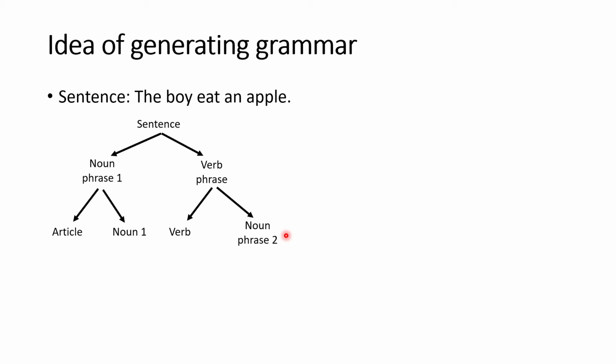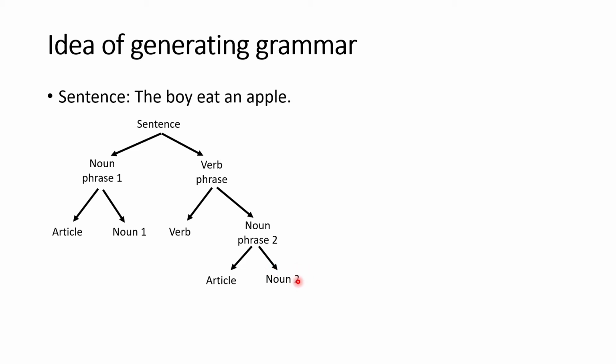Now still I cannot derive each and every word individually from these 4 leaf nodes of this tree. So I have to go a little bit more. What I can do? I can say that this noun phrase can again be rewritten as an article followed by another noun. That's why I have given it noun 2.